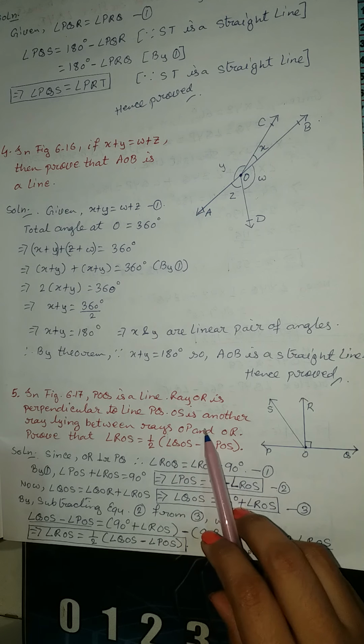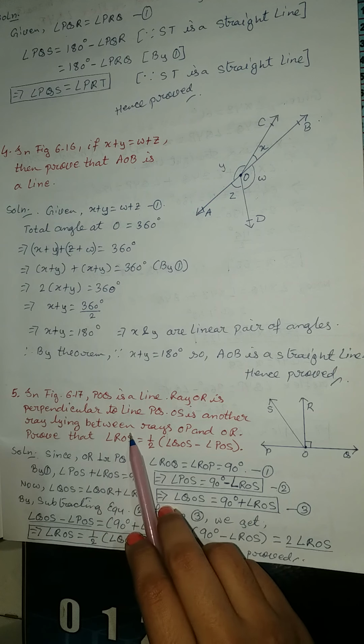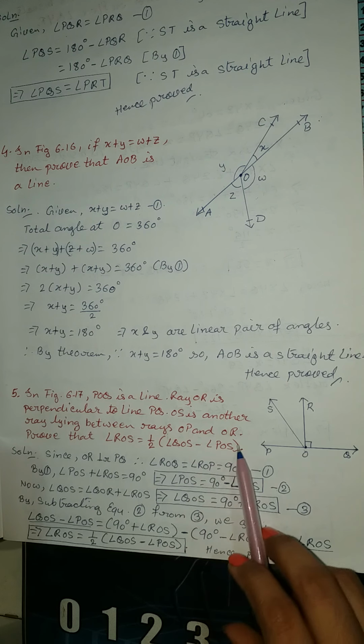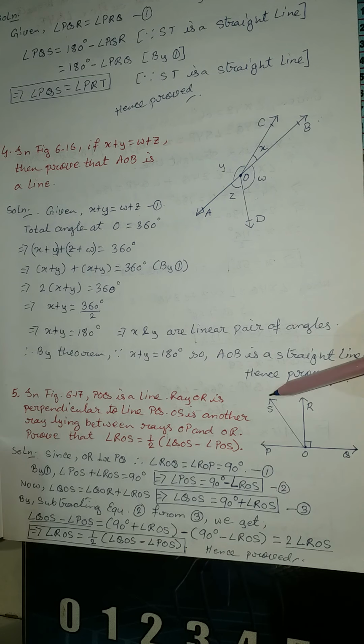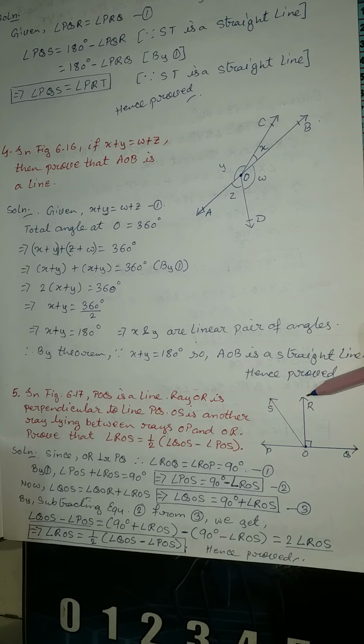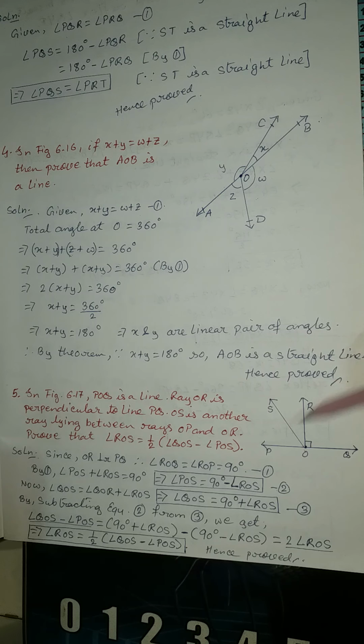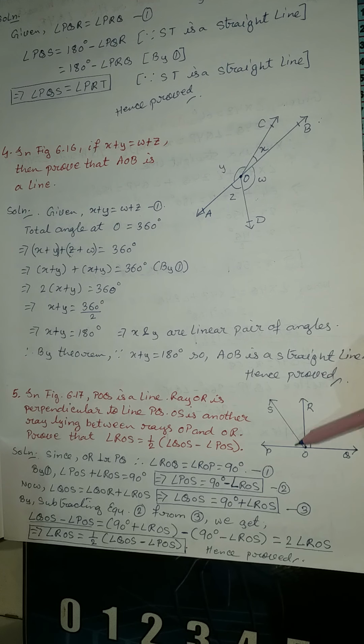So OS is another ray lying between rays OP and OR, and here is another ray OS which is lying between OP and OR. Since OR is perpendicular to PQ, this angle is 90 and this angle is also 90. ROP is also 90 degrees, right?